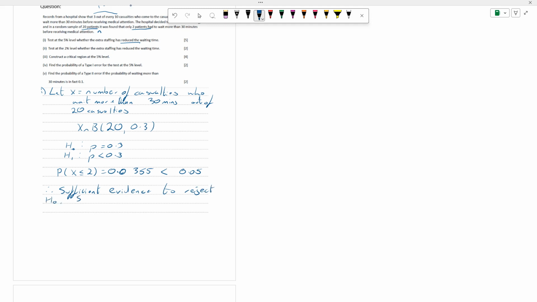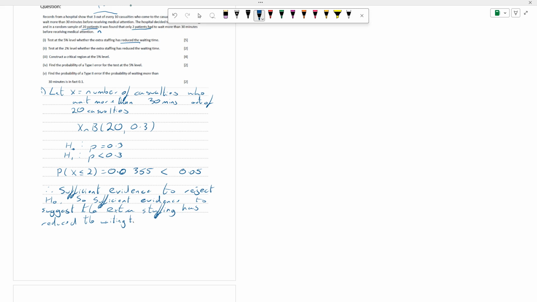Okay, so I can write another sentence now in context: sufficient evidence to suggest the extra staffing has reduced the waiting time.